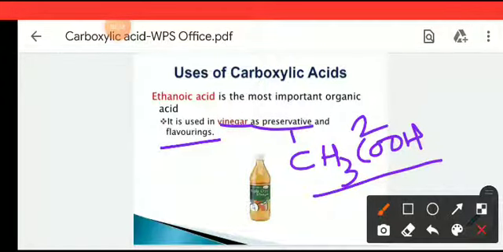As well as in the baking industry, for preparation of cakes and other things, we use vinegar on a daily basis. So acetic acid is used to prepare vinegar, and vinegar is used in large quantities in the baking industry, as well as for flavorings and preservatives.